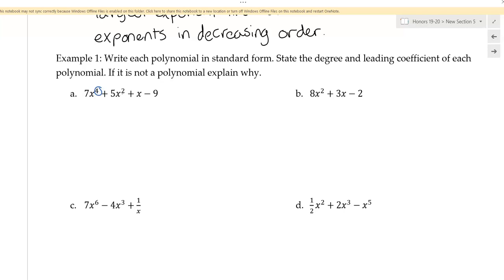Here we have a 2, a 1, and no variable with no exponent, right? Technically it's x to the 0. So yes, this is a polynomial, right? All my shown exponents are greater than 0. So it is a polynomial. It's already in standard form.